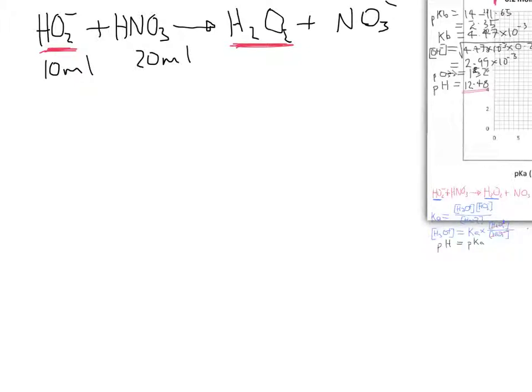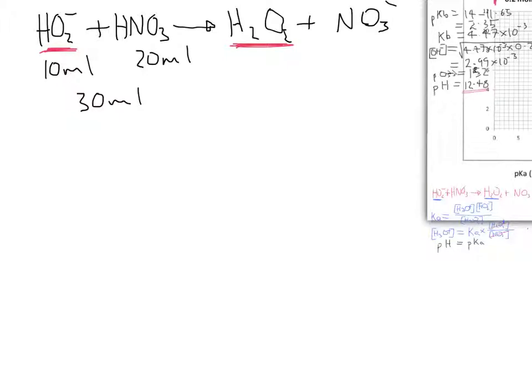So now our total volume is 30 milliliters. So even though I have the same amount of weak acid as I did my weak base, I now have it in 3 times the volume. That will mean that the actual concentration of my weak acid now is going to be 1/3 of the concentration of the original weak base.